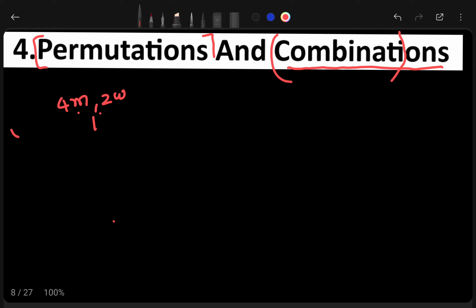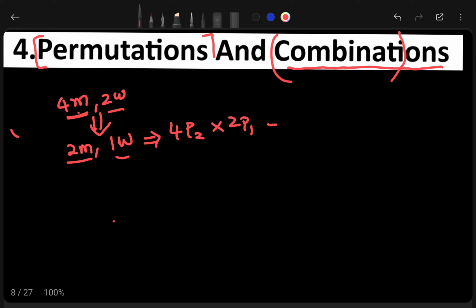I said I want to select 2 men and 1 woman from here. Okay, if this is the case, everyone is going to say, from 4 men I should select 2, so it's going to be 4P2 into 2P1, because from 2 women completed. But this is wrong. Shall I say why?